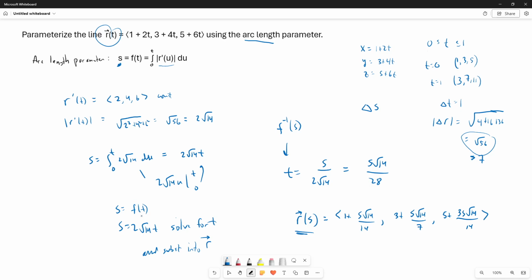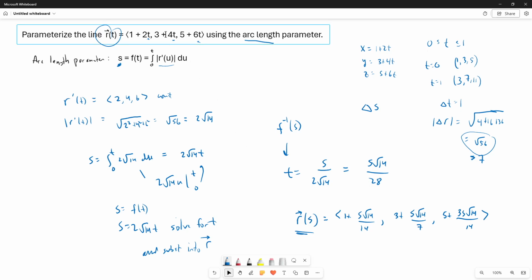That was our function of t, and we had to solve for t, which gives us the inverse of f. The inverse of 2 root 14 times t is s over 2 root 14. So t gets replaced by f inverse of s, and then you have r in terms of s, parameterized in terms of the arc length parameter.